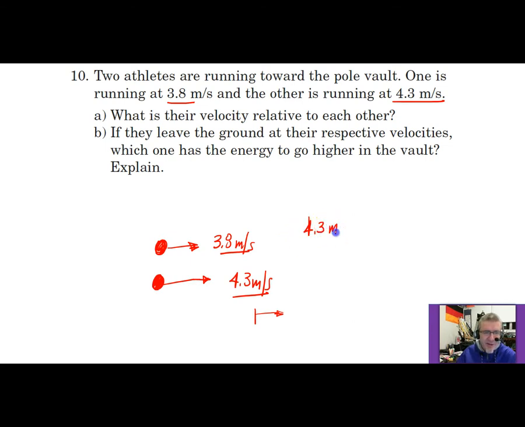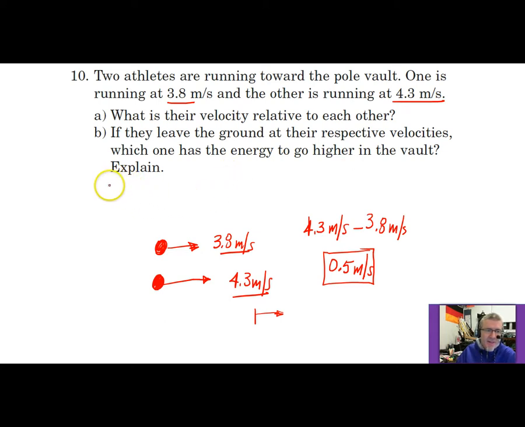So 4.3 meters per second minus 3.8 meters per second. So that's going to be 0.5 meters per second. If they leave the ground at their respective velocities, which one has energy to go higher in the vault?